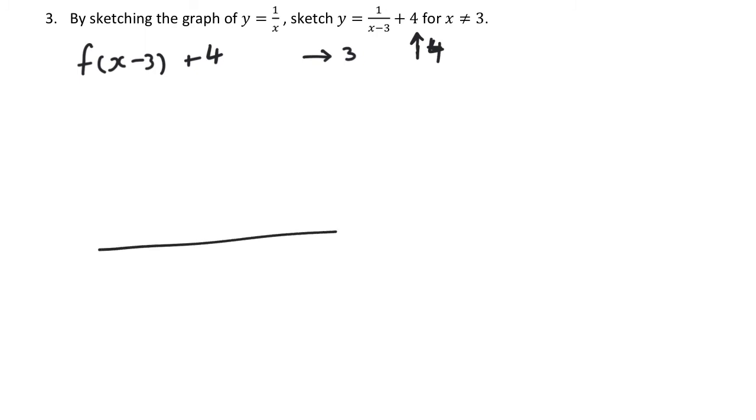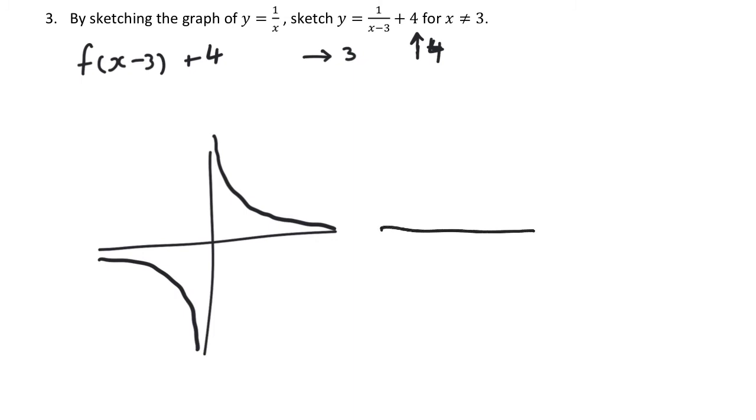So if we have the 1 over x graph, the reciprocal graph looks like this, where the x and y axes are asymptotes. If we move this graph right by 3 first of all, then the vertical asymptote is going to be moved right 3 units. So that's going to occur at 3. And the graph will look like that.